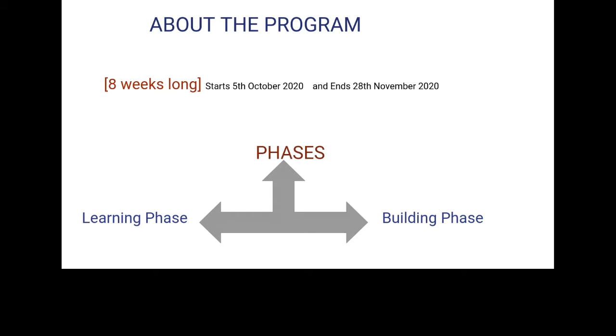Then the final phase of this program will be a building phase, where in your development groups you will be tasked to choose a project or mini project, gather what you've been learning from week 1, week 2, week 3, week 4, week 5, put it together and make one meaningful mini project that can account for everything you've learned through this program.